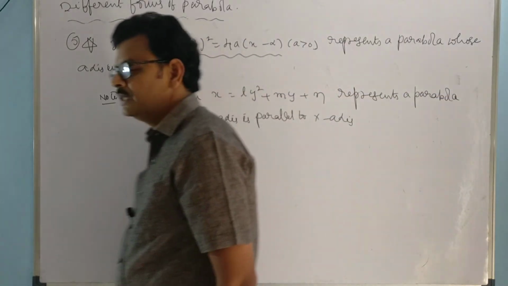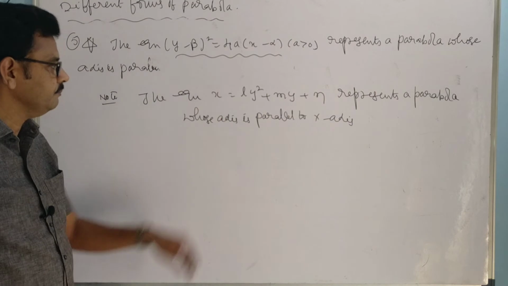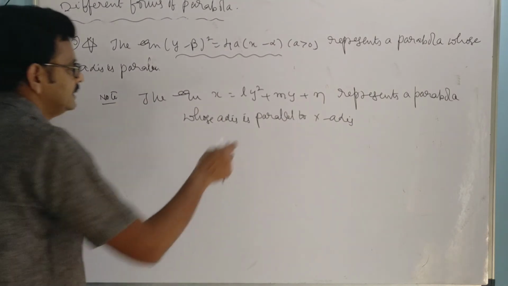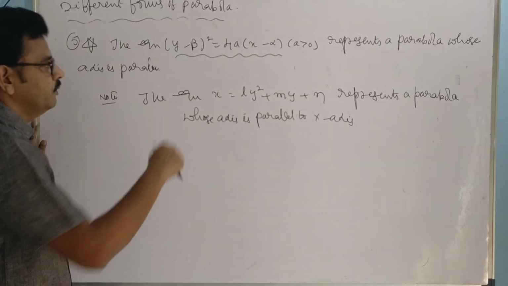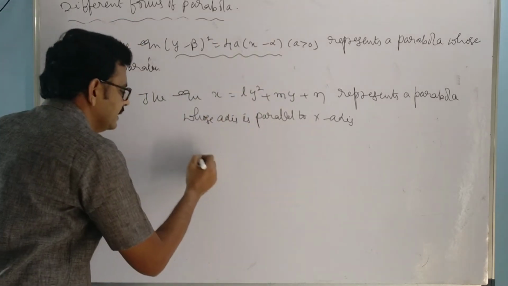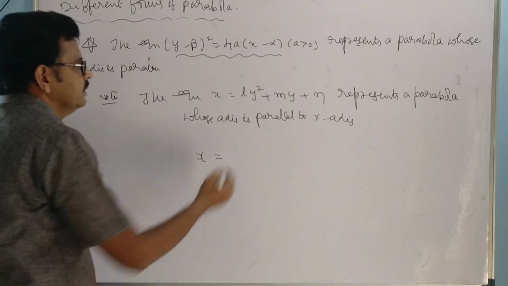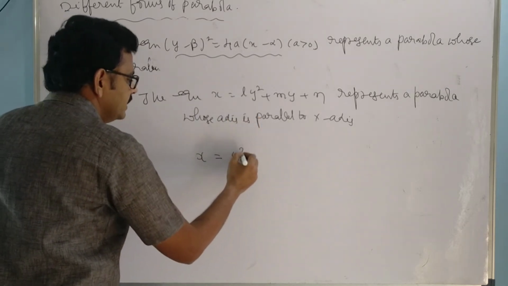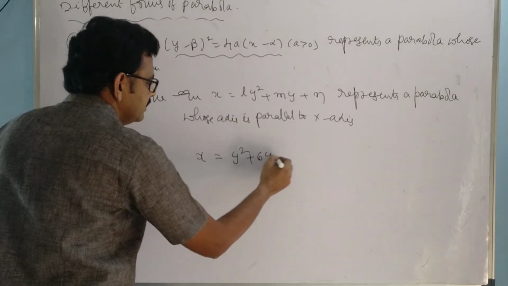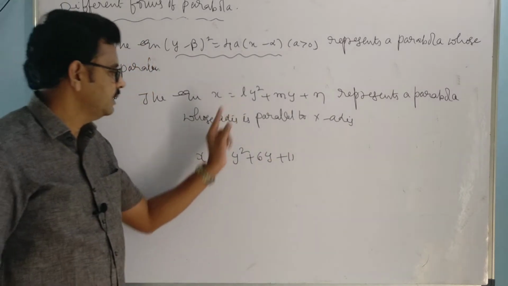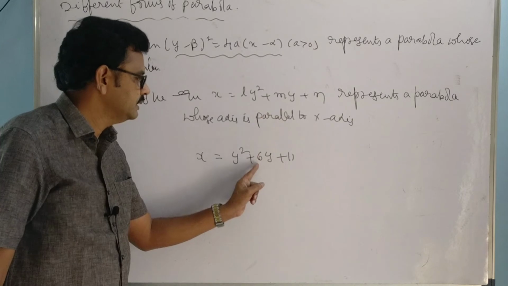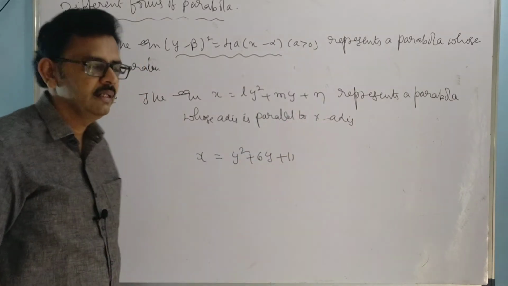So when we are using this one, see here, this equation and this equation both are same. Suppose I take x equal to y square plus 6y plus 11. In place of L I am taking 1, in place of M 6, in place of N 11.